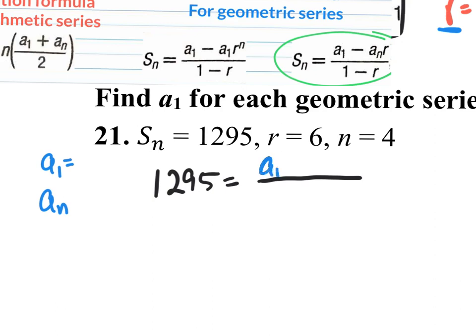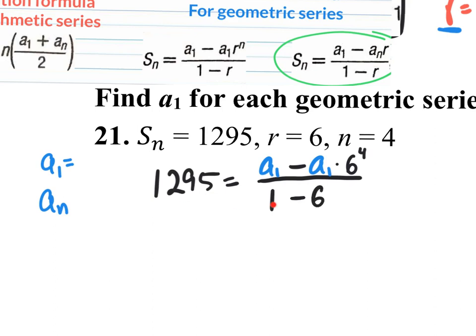And then there's a minus sign, and then a sub 1 again times r to the n power. So that's going to be times 6 to the 4th power, and it is over 1 minus r, which is 6.